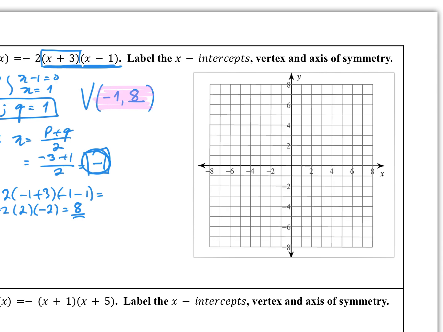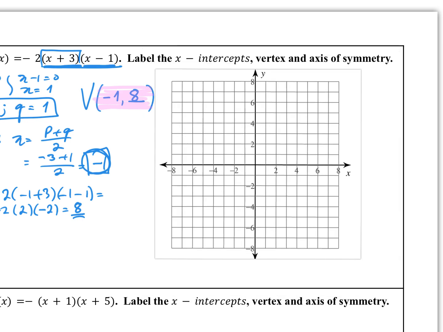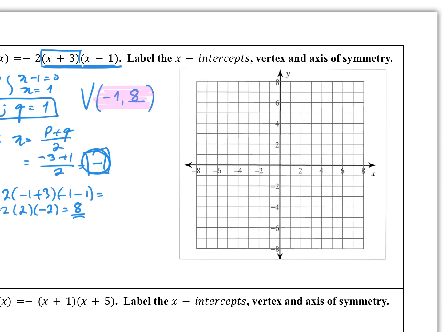Now with all of this given information, we're going to graph our parabola. The first thing is our vertex, located at negative 1, 8. Where is negative 1, 8 in here? It's so high. It's going to be as high as this one. So this is going to be our vertex.